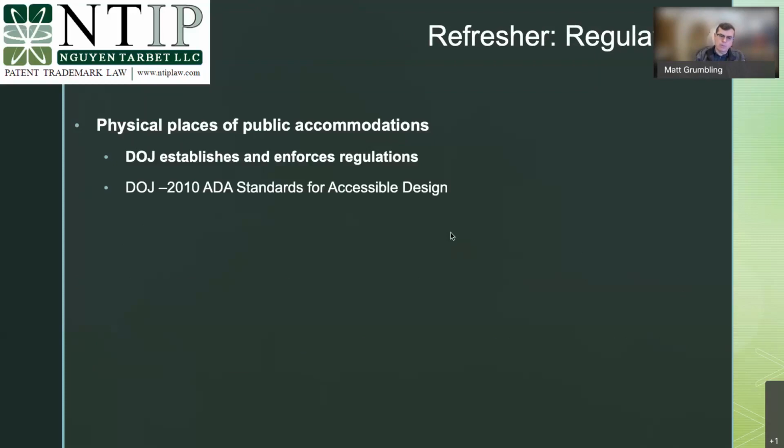And we've seen before that there are the 2010 Standards for Accessible Design, and they're very technical.